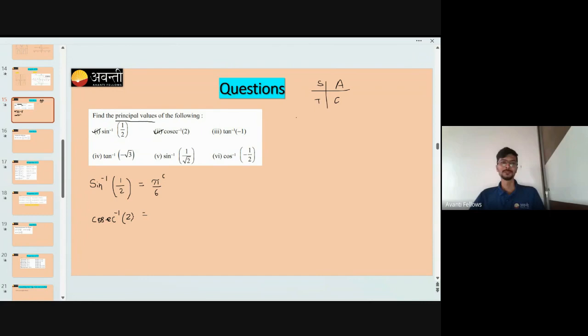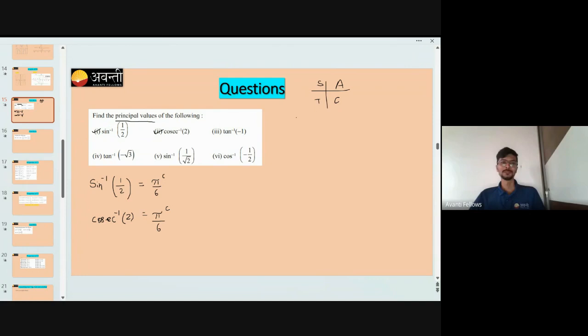What value of theta will give cosec theta as 2? So my answer should obviously again be 30 degrees, which is pi by 6 radians. I hope you remember the trigonometric tables for values: sine 30 degrees, sine 45 degrees, sine 60 degrees, sine 90 degrees. Same for cos, tan, cot, cosec, and sec. So that will be very helpful here.